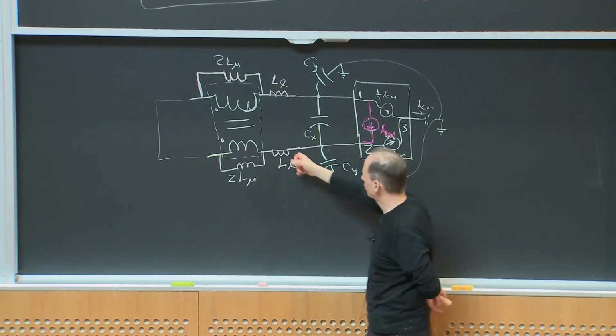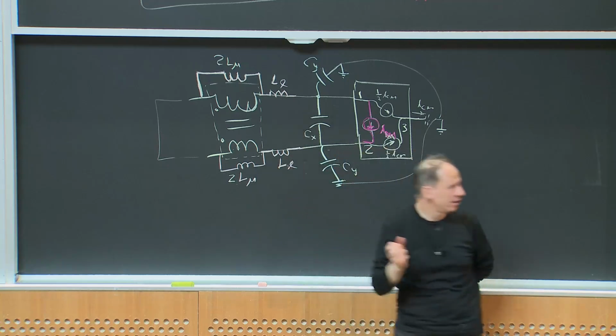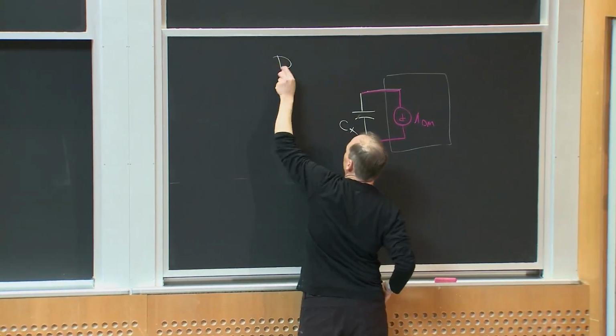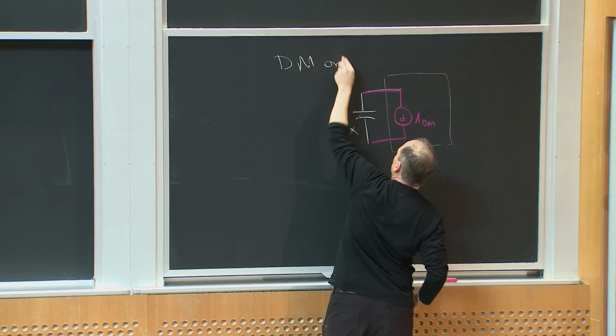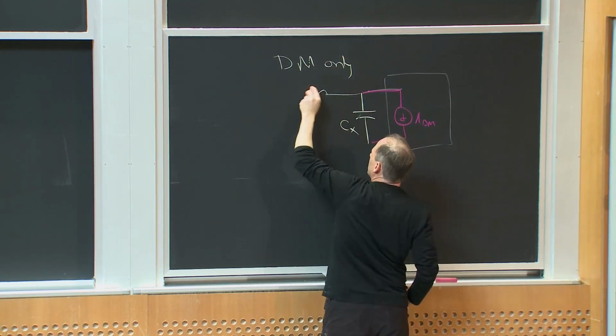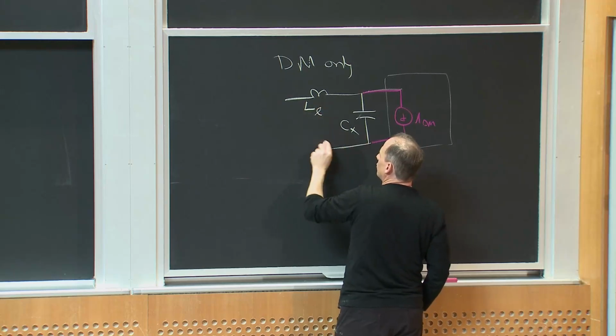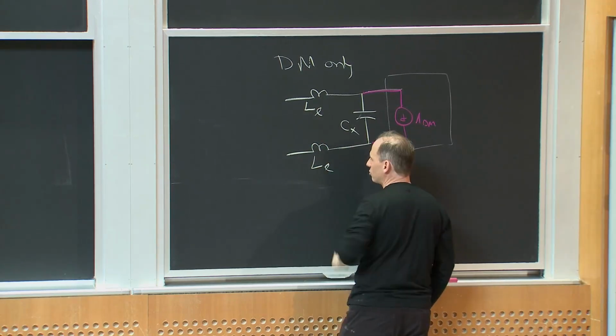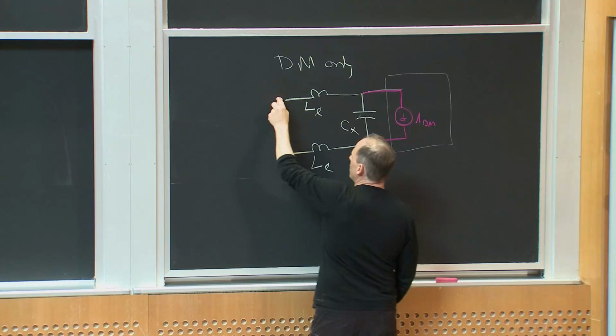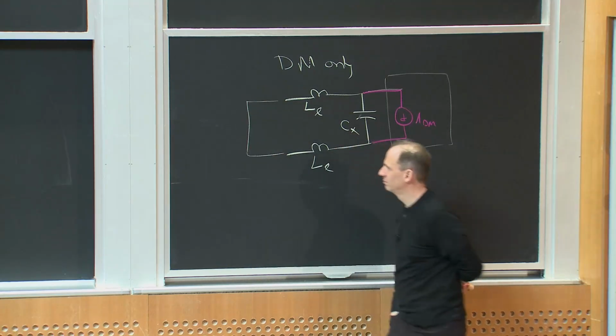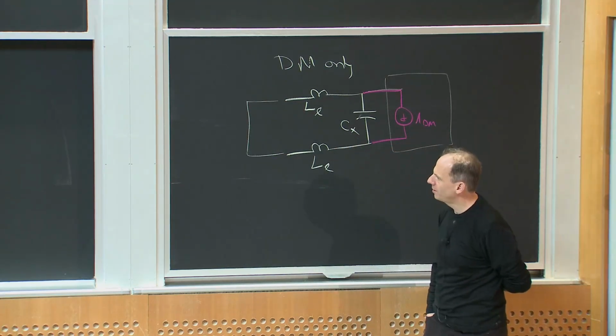But the leakage inductance is not. So what I'm really going to see at differential mode is the following. I'm going to see the leakage inductance here and the leakage inductance on this side, because there's 2 leakage inductances of the transformer. And then if I connect this at the bottom, that's fine.